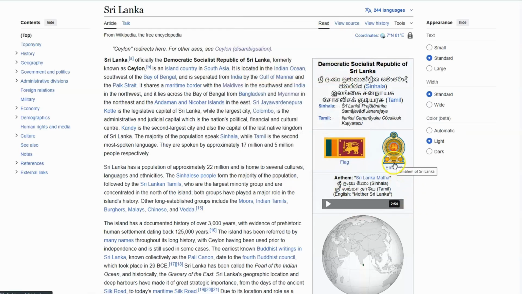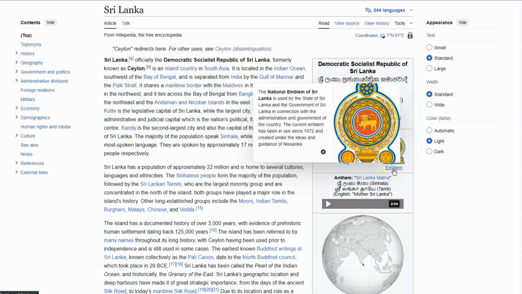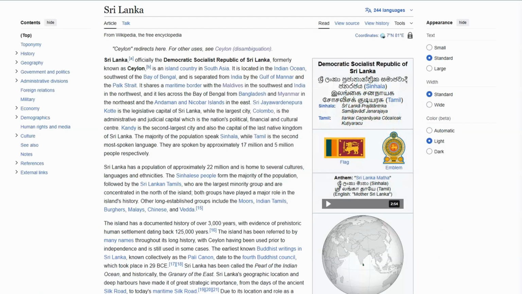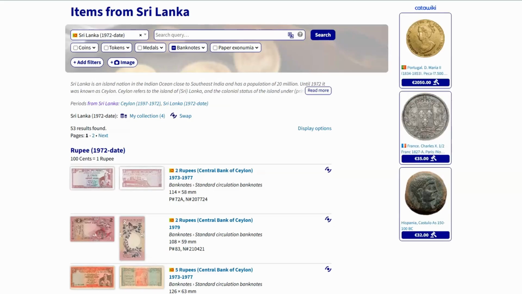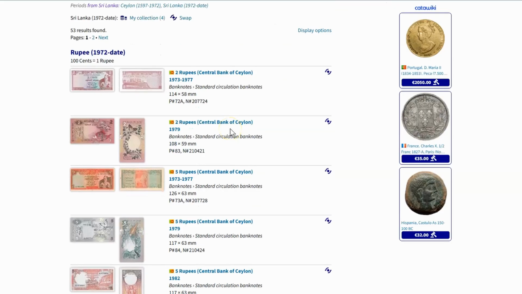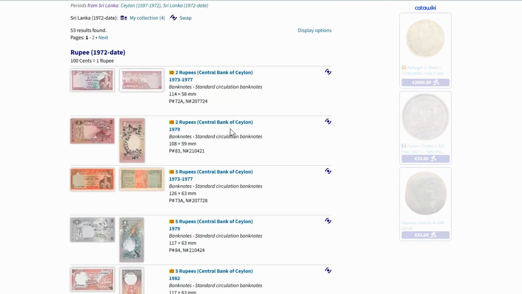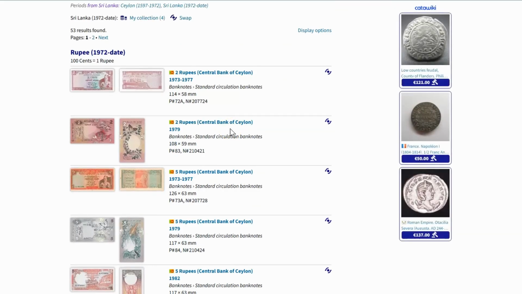Its emblem is of the lion carrying the sword on top of a rosette. Here is where Sri Lanka is located, just off of the coast of India. And from 1972 to date, Sri Lanka uses the rupee. Prior to 1972, Sri Lanka was known as Ceylon.